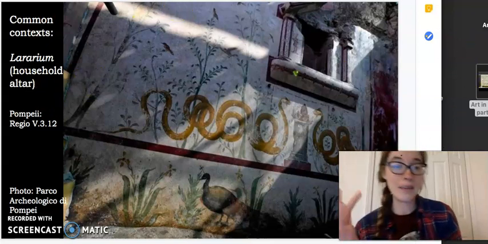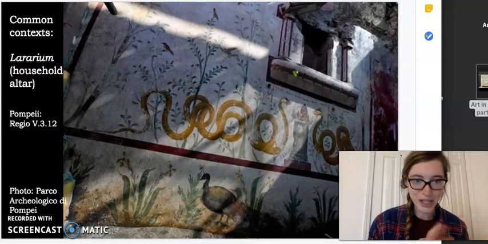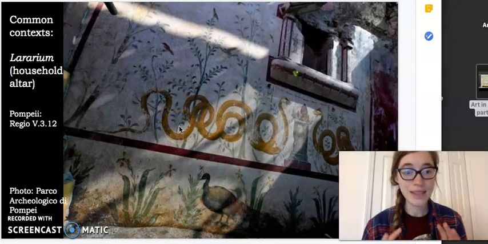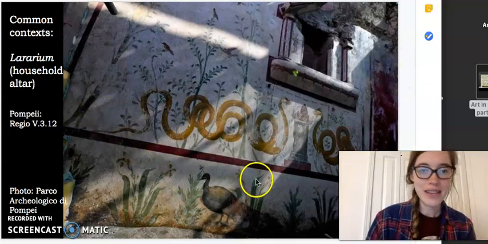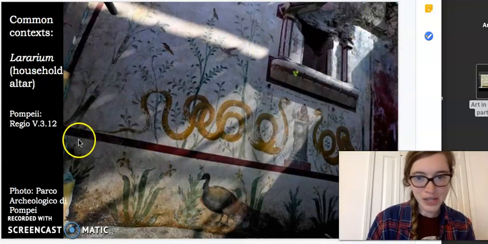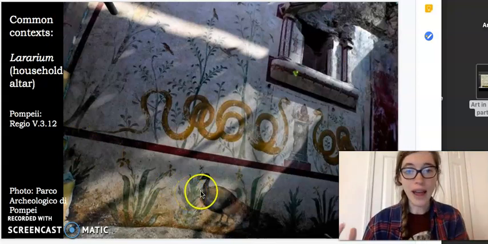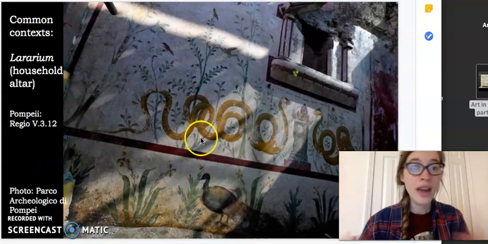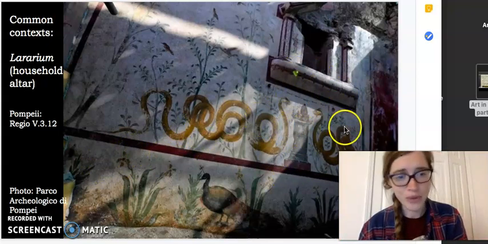So here's just an example that I chose because it was very recently excavated and is in beautiful condition. And in this example, you can see some of the most common features that we find, which are these serpent images, usually curling up from a ground line or from even below ground and approaching an altar which is laden with fruits and foods.